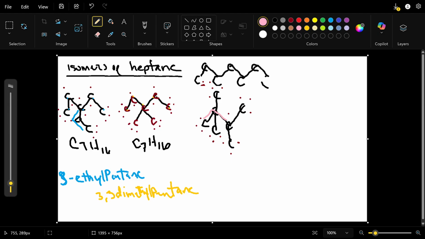Yeah, back to pink. So that is a 1, 2, 3, 4 butane. And so I decided on this one. Let me think. I didn't think it would matter which direction to go. But on the paper, I have 2, 2, 3.